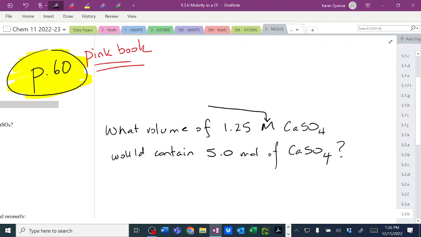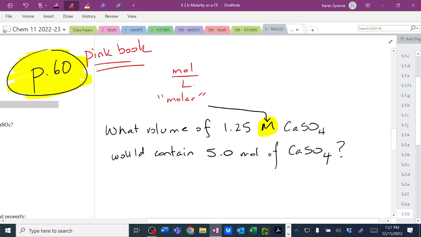So I would like you to remind me, or actually remind your partner, what does that capital M stand for and how do we pronounce it? It's pronounced molar. And what is it short for? It's short for moles over liters.